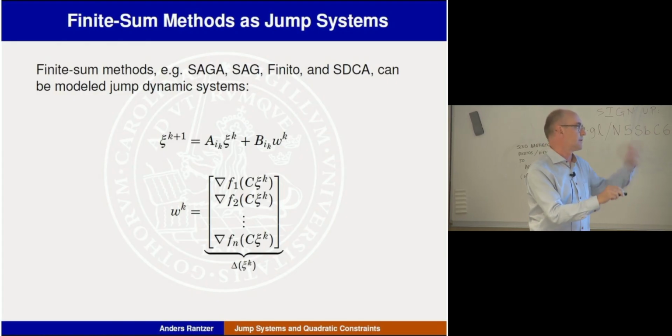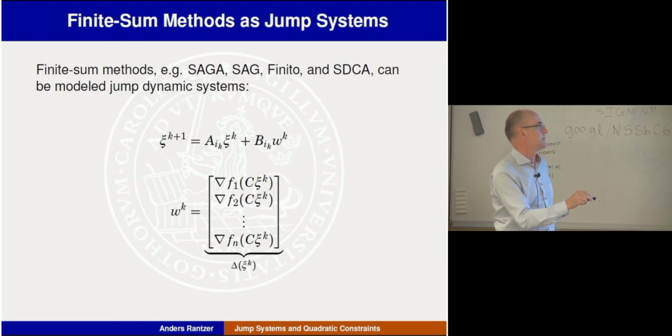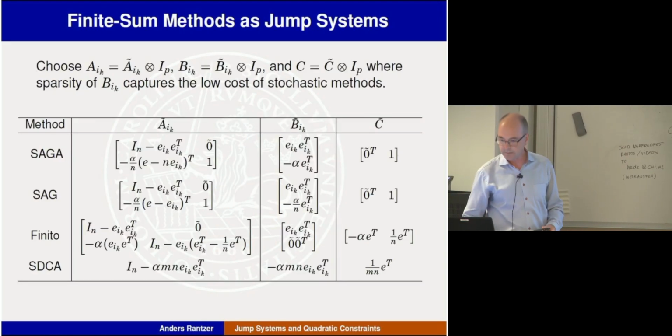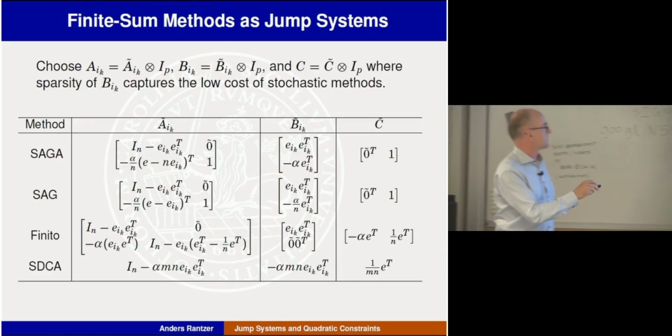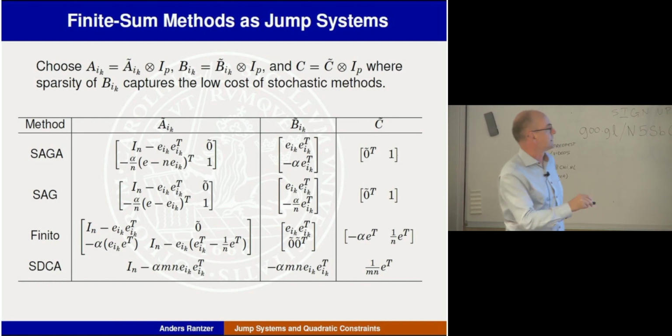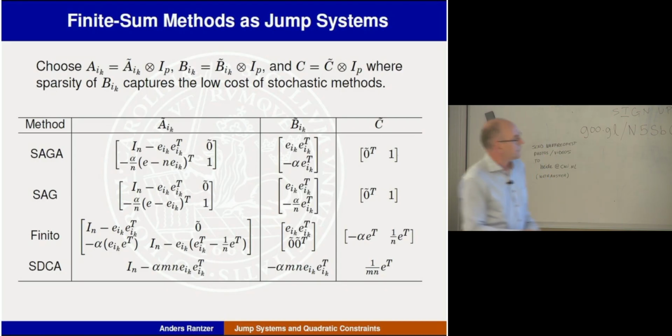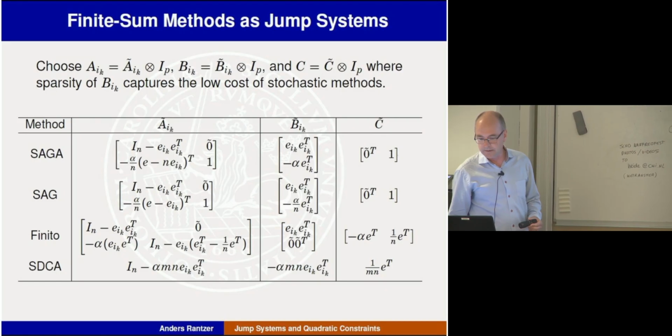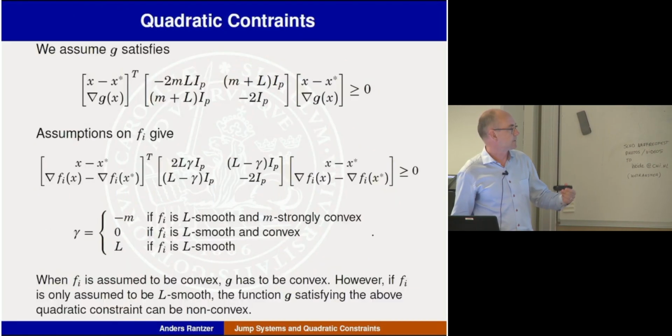And at every time step, actually, it's only one of these that is used, and that is due to the sparsity of B. So for all of these different methods that are well studied in the literature, you have corresponding matrices A, B, and C, actually, which goes into this matrix M. The sparsity is, of course, essential.